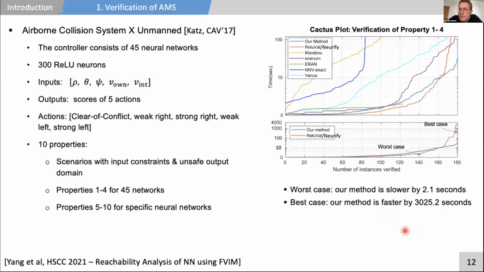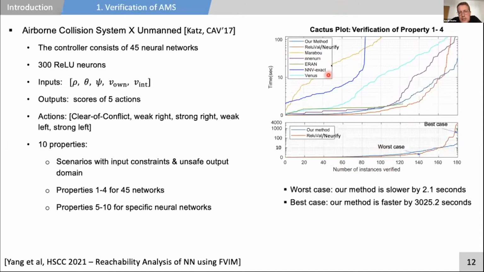It has several inputs such as distance of ownership from intruder, angle to intruder relative to ownership, etc. And then you have as an output a score for 5 actions: clear of conflict, weak right, strong right, weak left, strong left. And we tested on 10 properties, which you can think of as input-output specifications. And on the right, what we show is a cactus plot for properties 1 through 4.